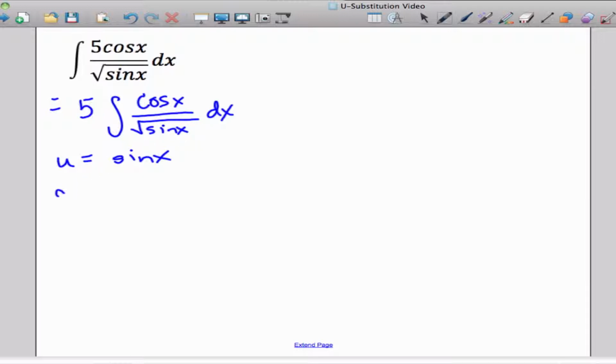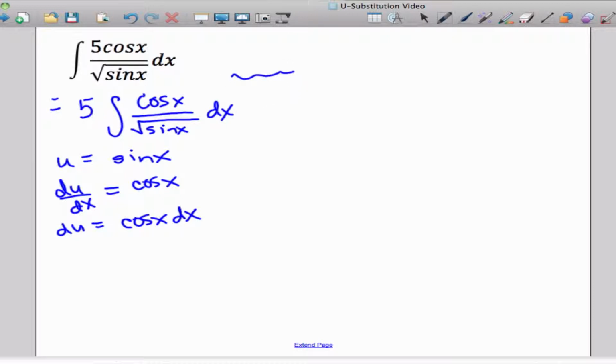So then when we find our du dx, the derivative of sine x with respect to x is cosine x, which means that du is going to be cosine x dx, which is nice because now we can replace this entire numerator of our original integrand with du.